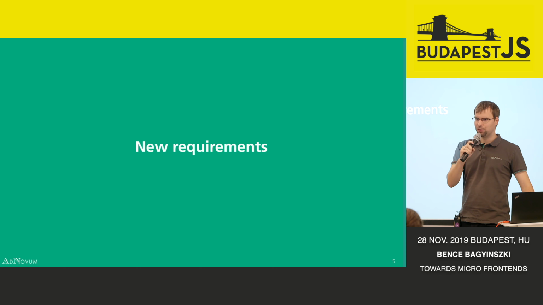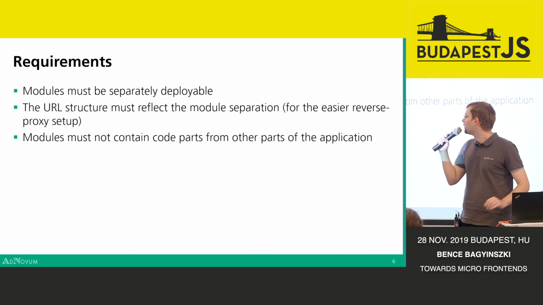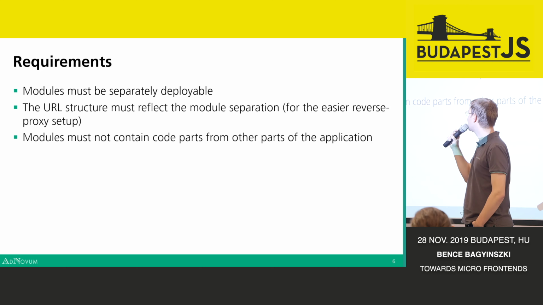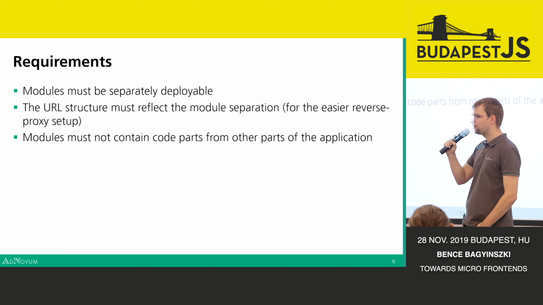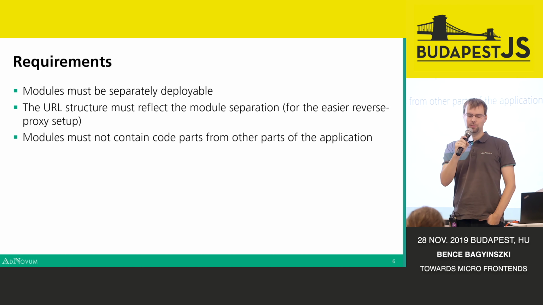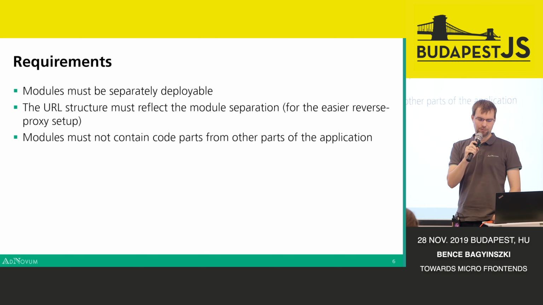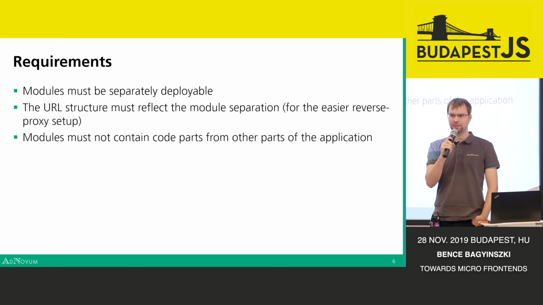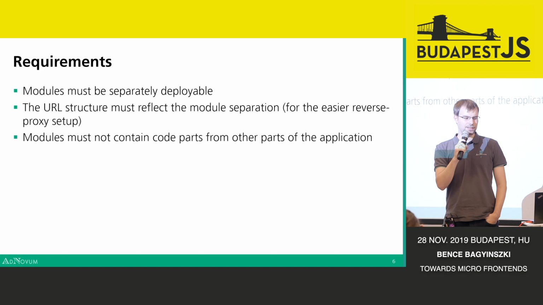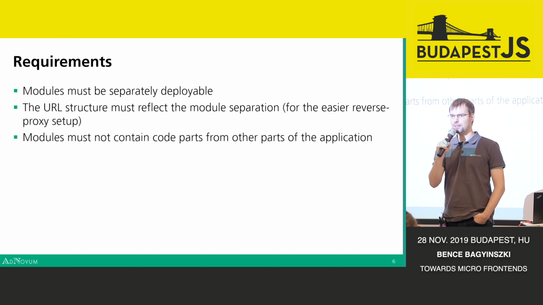Then some new requirements arose. Namely, the customer wanted that these modules must be separately deployable, and they also wanted to have a URL structure which reflects this kind of module separation. They wanted this because of the easier reverse proxy setup.